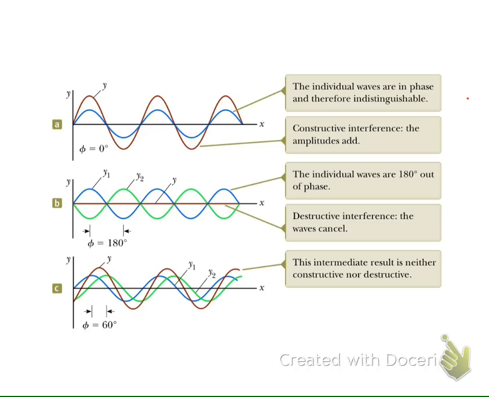What happens in between? If phi is between 0 and pi, we will have partial constructive or partial destructive interference. That is, the amplitude of the resulting wave may be greater than A, greater than the amplitude of each wave, but not maximum.